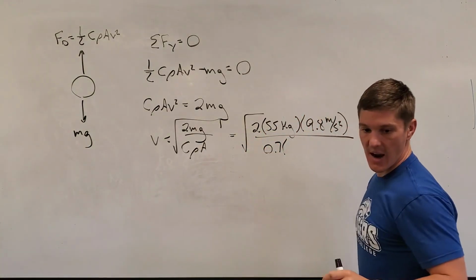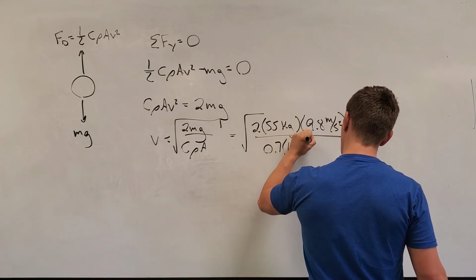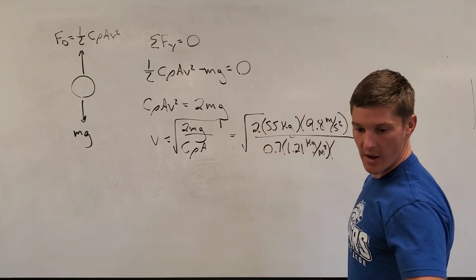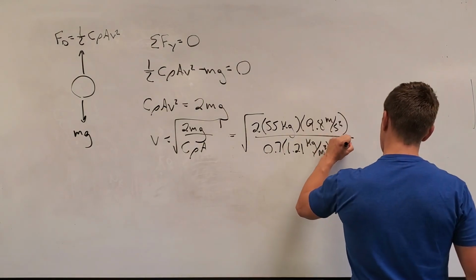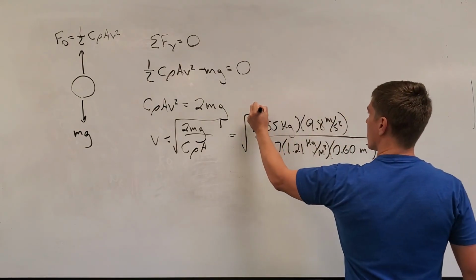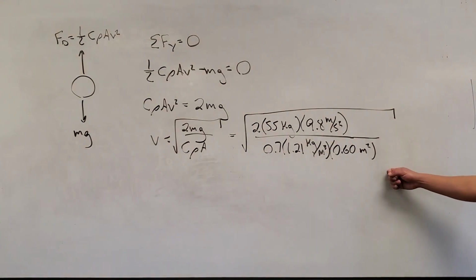The density of the air was given to be 1.21 kilograms per meter cubed. And his frontal area was given to be 0.6 meters squared. So now it's just as simple as plugging all this into your calculator and solving it.